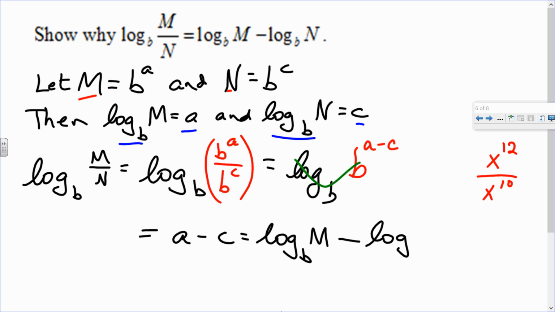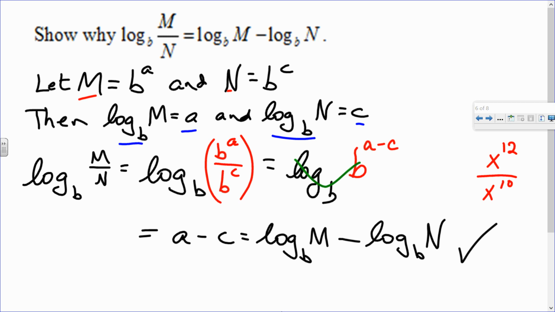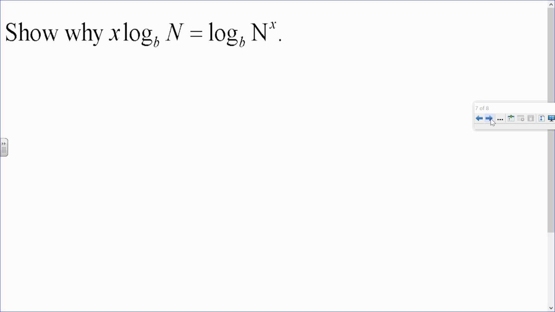So I have one long equation string that starts with one side of what I want to prove, equals, until I get to the other side, so I have proven that. So you have that copied down. You're going to need it on homework sets. Okay, the last one is just a little bit different because it doesn't have quite as many variables in it. I don't have log base b of m and log base b of n, so I only need to do the substitution on this one.